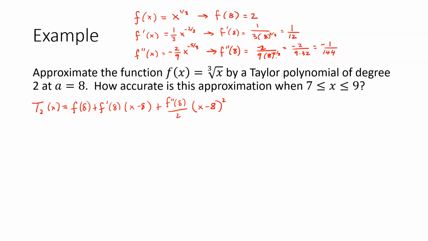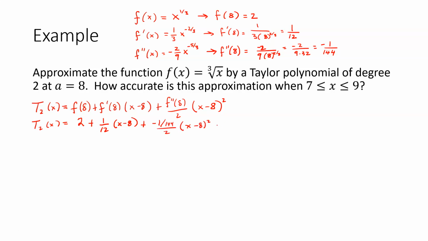Now let's put those values into T2. So here our second order Taylor polynomial will be f of 8, which was 2, plus f prime of 8, which was 1 over 12, times x minus 8, plus f double prime of 8, which was minus 1 over 144, over 2, x minus 8 squared.